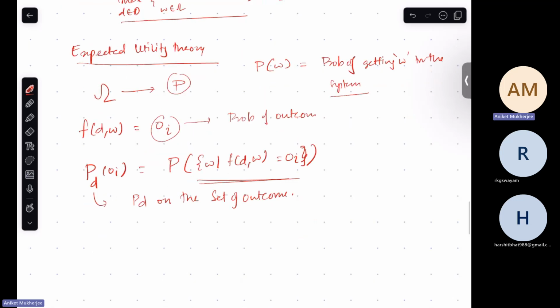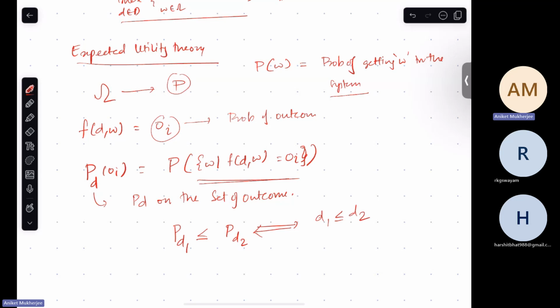What the expected utility theorem does is allow me to compare these two distributions. Suppose I have one decision with P_d1 and another with P_d2. If I can say something about P_d1 and P_d2, does that imply that D1 is less than D2, or something like that? If the probability of an outcome in one of my decisions is more than in the other, do I prefer that decision or not?